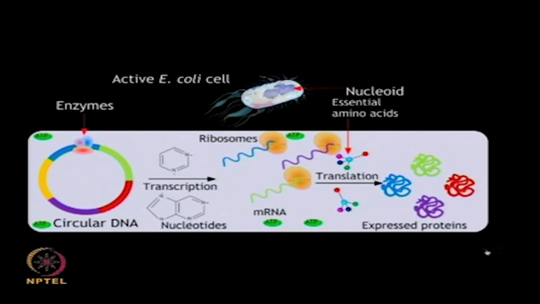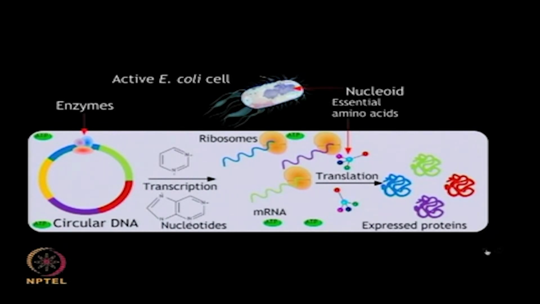The cofactors and enzymes such as RNA polymerase and peptidyl transferase are available in significant quantities due to the cellular process of transcription and translation taking place in the cell.